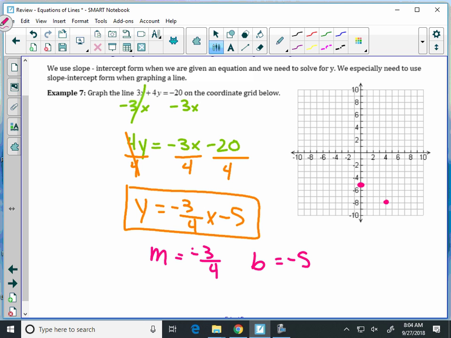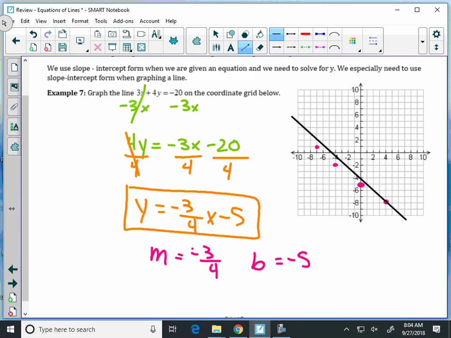Can we go down 3 anymore? Nope. So then what other direction can we go? Up 3, and then left 4, go the opposite way. Up 3, but can we go left 4 anymore? Nope.